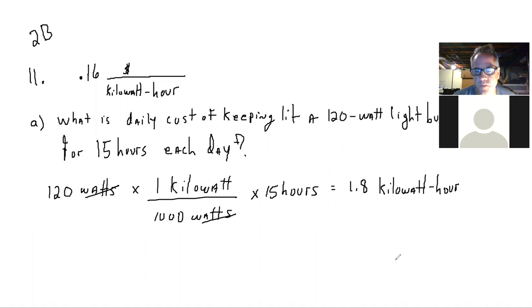So just to help get your head wrapped around it, if I had just done 120 times 15, that gives me 1,800.